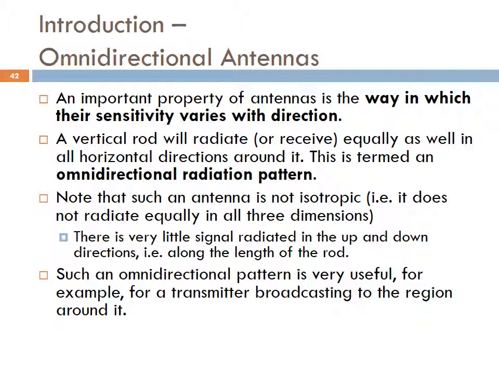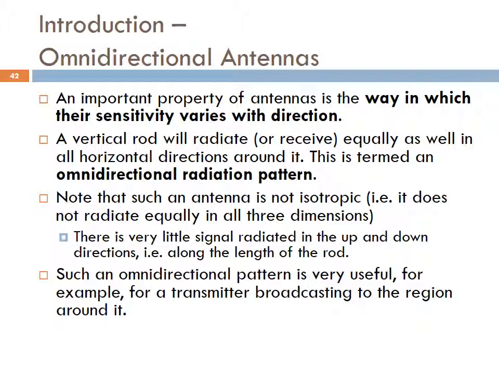An important property of an antenna is the way in which its sensitivity varies with direction. A vertical rod will radiate equally well in all horizontal directions around it. This is termed an omnidirectional radiation pattern. Note that such an antenna is not isotropic.